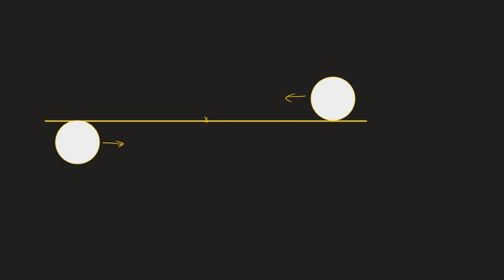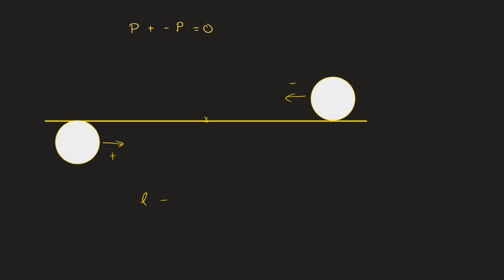The two pucks have clear linear momentum, but they also have angular momentum about this point. I go into great depth about the fact that their linear momentums cancel, because this one's traveling in the positive direction and this one's traveling in the negative direction. So the momentum of the system is going to be 0.